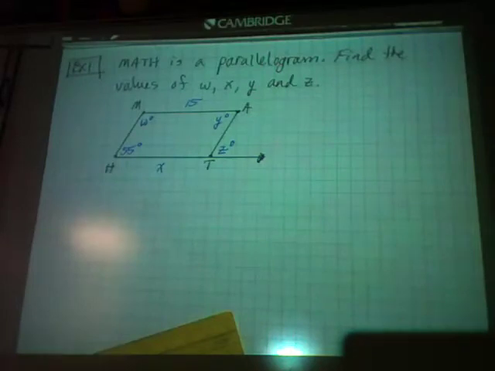So using your knowledge of those 6 characteristics, I want you to think about that picture and write down what X is, what Y is, what Z is, and what W is. And then next I want you to say why.